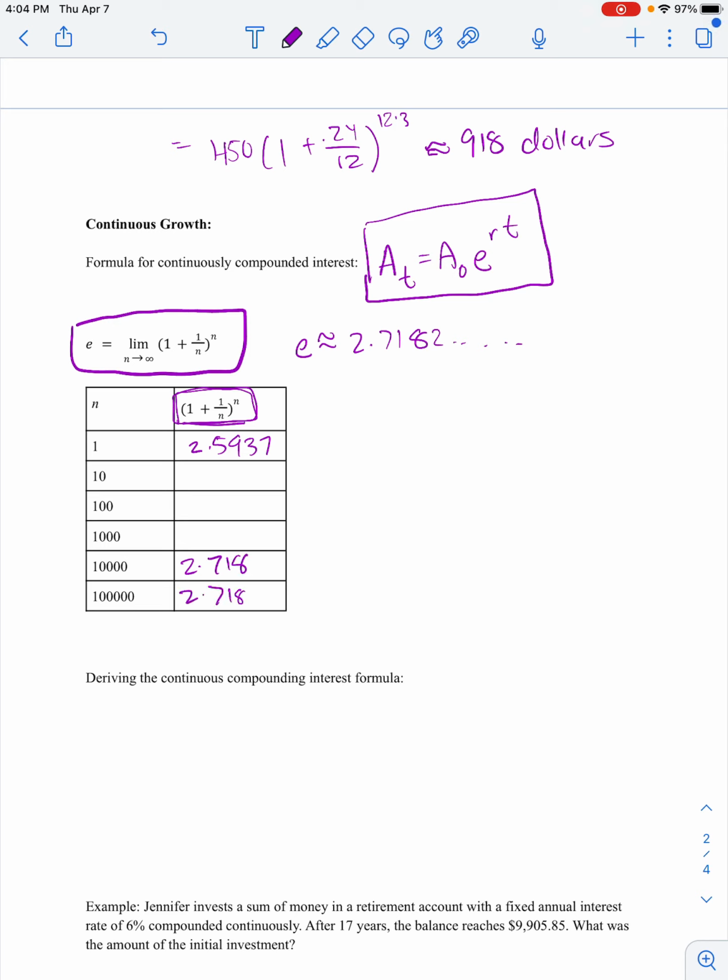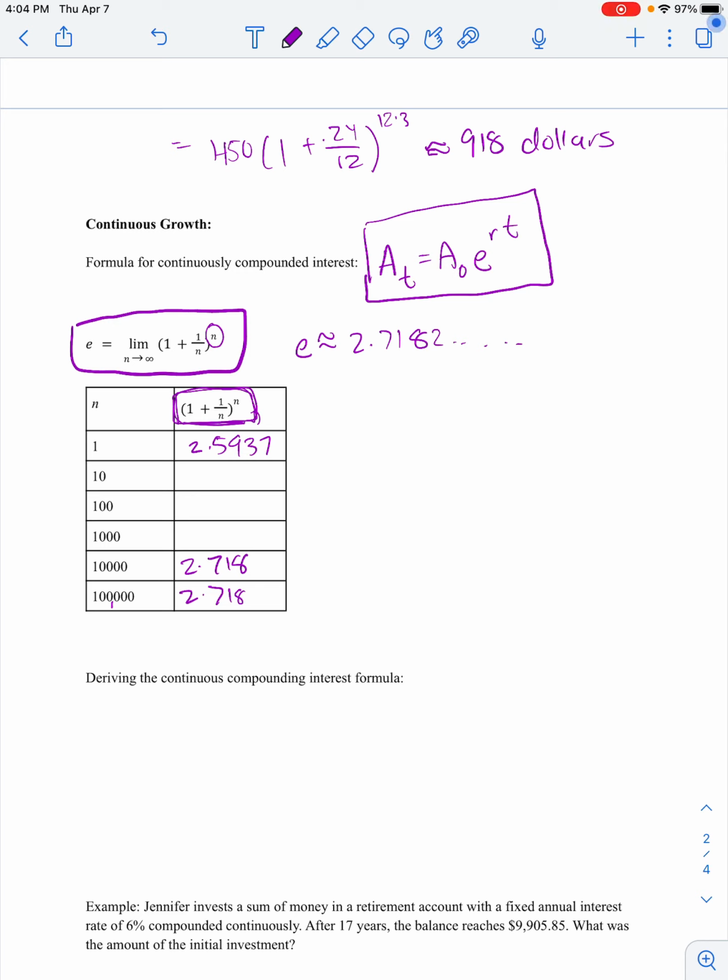If you plug in 100,000, basically if you keep plugging in really large numbers, this expression becomes E. So as we split the year into smaller and smaller chunks, say we split the year into 100,000 chunks, then you're basically going to be approaching this mathematical constant E.